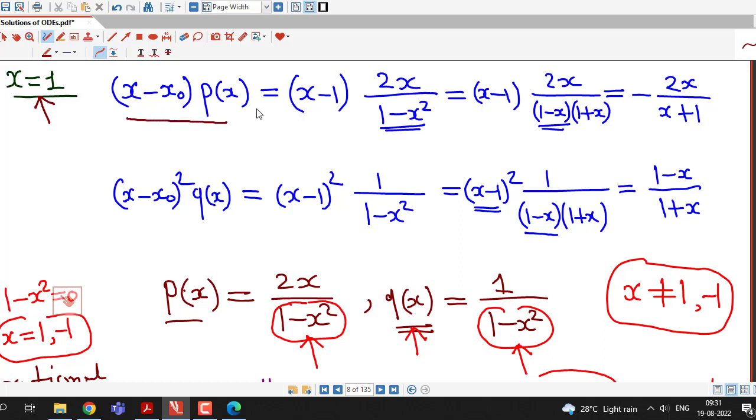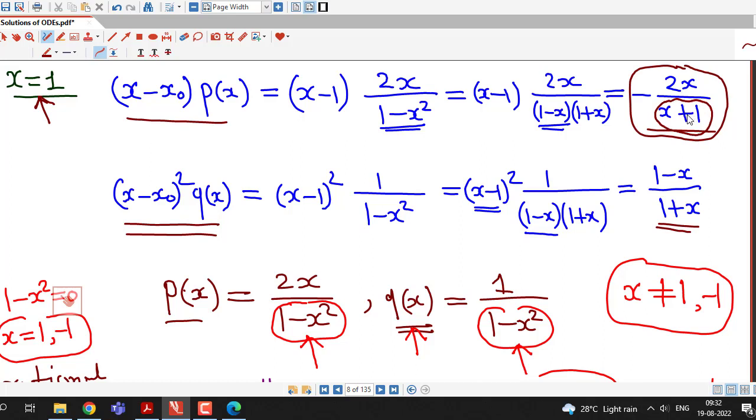So I have to decide whether these 2 functions x minus x0 times px and x minus x0 square times qx are analytic at x equal to 1 or not. Now this is rational function. It is division of 2 polynomials, 2x and x plus 1, and we know that this function is not analytic at those points for which denominator is 0.